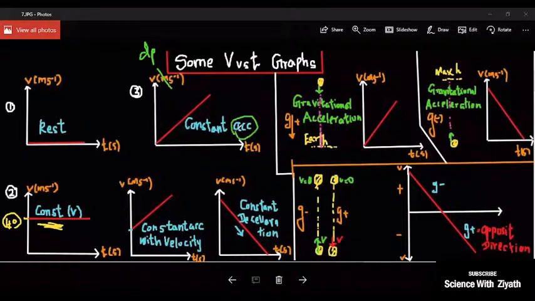Instead of constant acceleration, what would it be? Constant velocity, sir. Constant velocity, exactly. If it's a velocity time graph, this would be constant acceleration, and if it's a displacement time graph, this would be constant velocity.